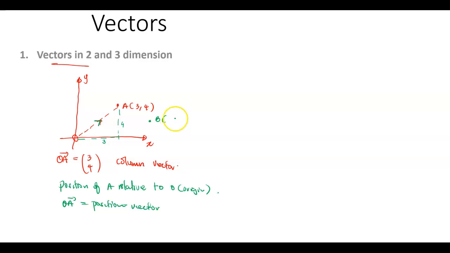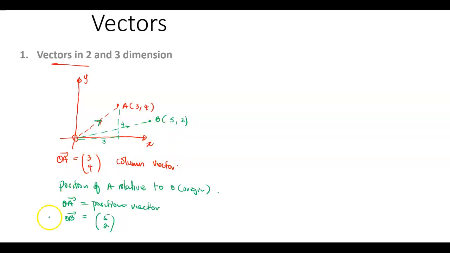Let's say you go across 5, and then up only 2, and that is it. That's the point B. From the point B, we can define the vector that starts from O to point B. That's a vector OB, and in this case OB is the vector (5, 2). It means that you move 5 across and then you move 2 up.